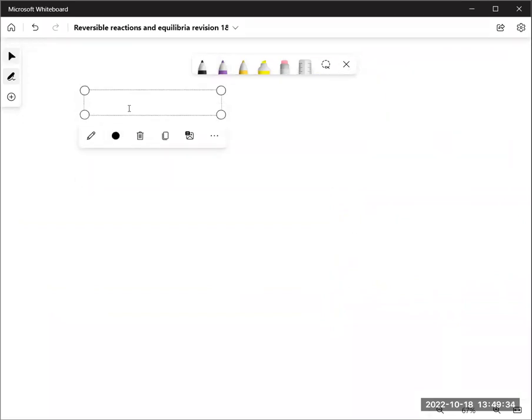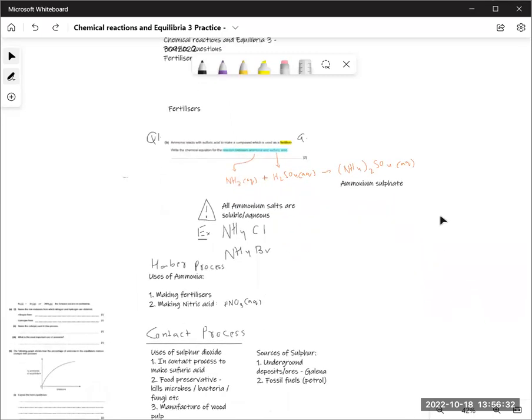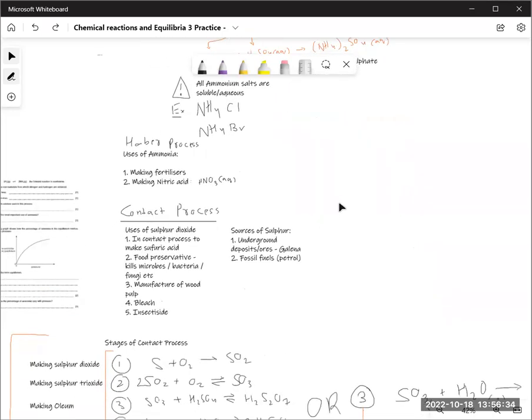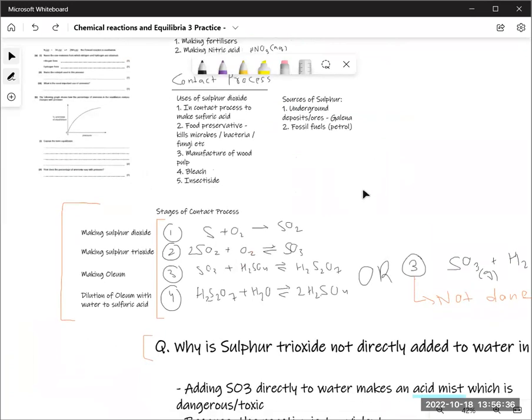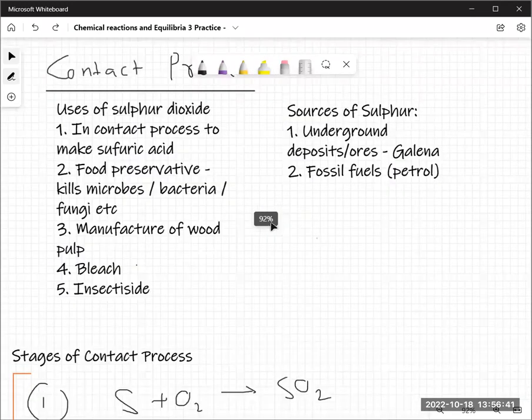Next thing is, let's start the Haber process. Now just give me one second. Let's see. Now let's look at the contact process first, all right? And I want you to start writing from here. Right, start writing.